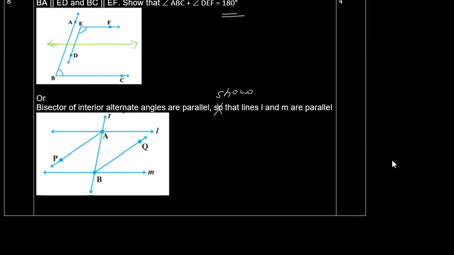Let us draw a bold line, parallel to BC, and name the points where it is intersecting. So let us name this point as X and this point as Y.